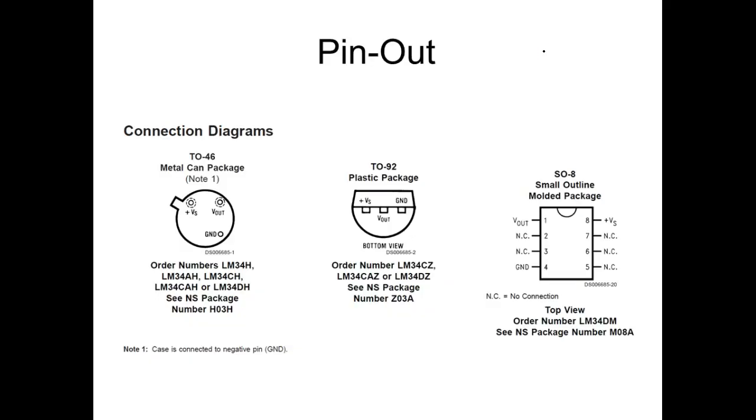I think that's about it. Oh, this is actually the little pinout that comes with the part. I think the ones we got is in this guy right here, 492.